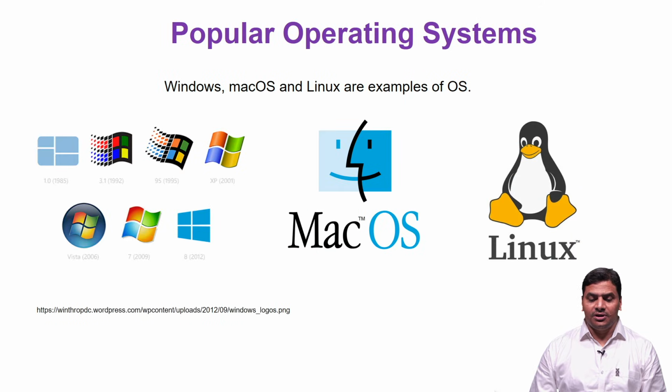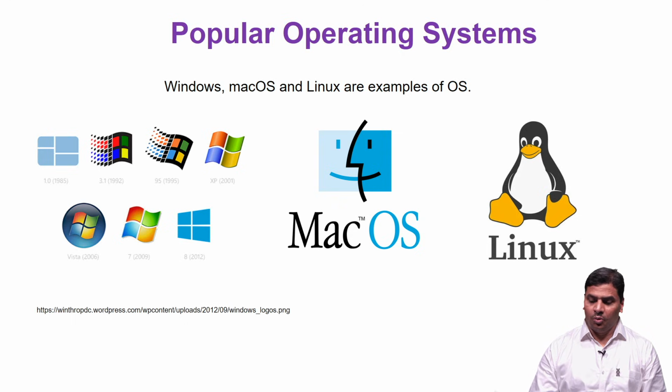The most popular you see around you is Windows, which is a license-based program. Another is Mac OS, which is used mostly by Apple products, and the third most popular one is Linux.